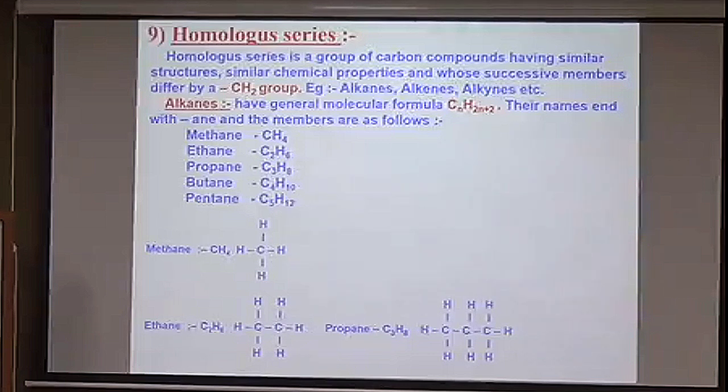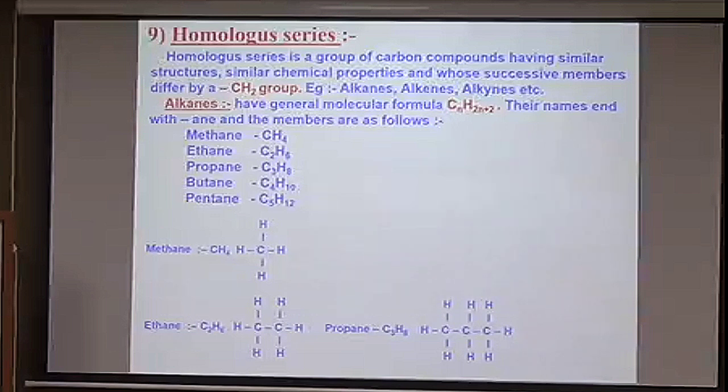In the same way, aldehydes will form another homologous series, and alkanes will form another homologous series. Here we can see the characteristic of a homologous series. We can see the successive members. If we see the difference in carbon and hydrogen atoms, you will find the next member has 1 more carbon and 2 more hydrogen atoms. So if I add 1 carbon atom and 2 hydrogen atoms to the previous member, I get the formula of the next homolog of that series.